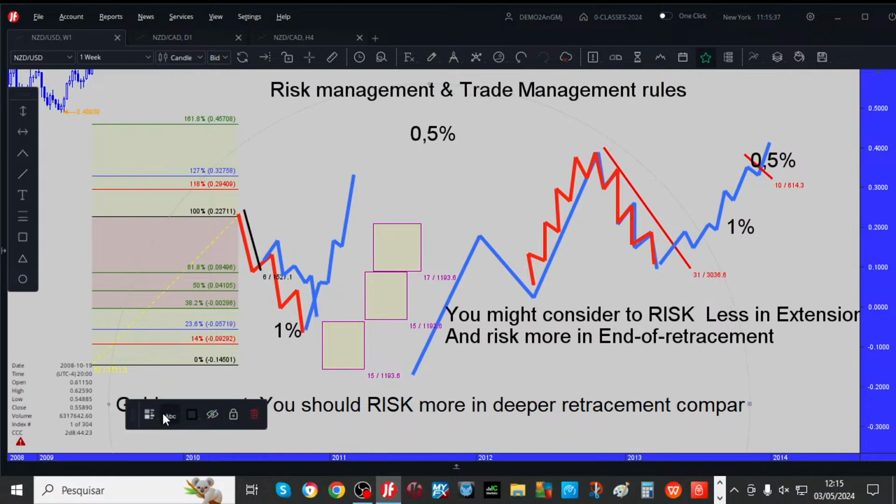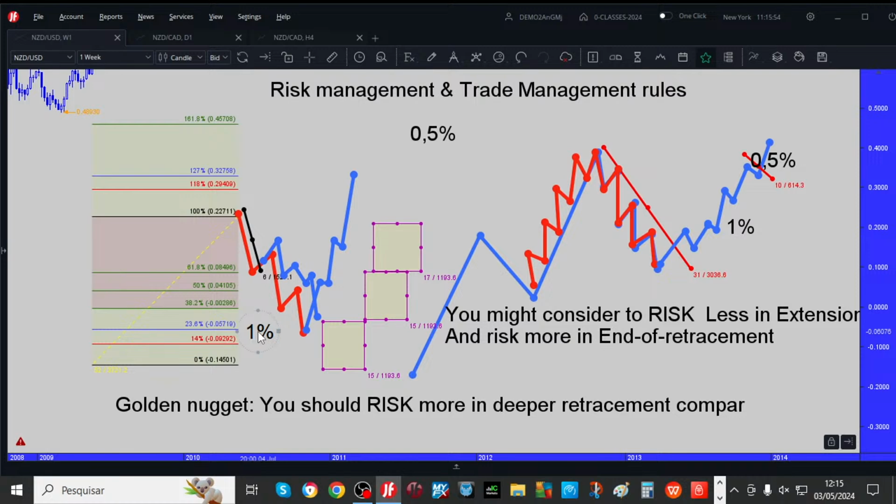All right, everybody? You should risk more in deeper retracement compared to end of extensions. The more you risk on deeper retracements, the more money you are going to make. Does this make sense to you?